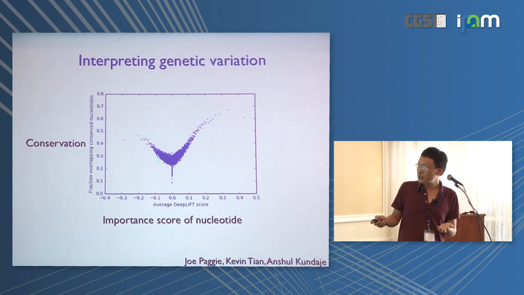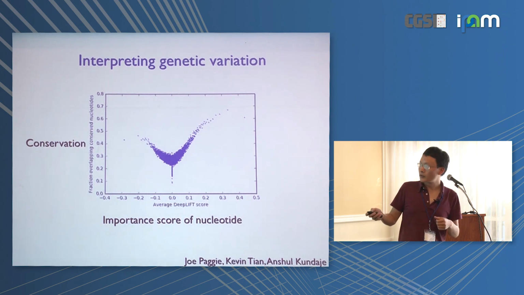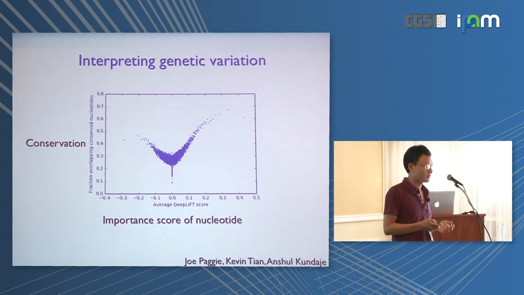And it is doing fairly reasonable things. We can see that base pairs that have very positive or very negative scores, meaning they are predicted to be highly influential in up or down regulating expression, also have much greater conservation scores.